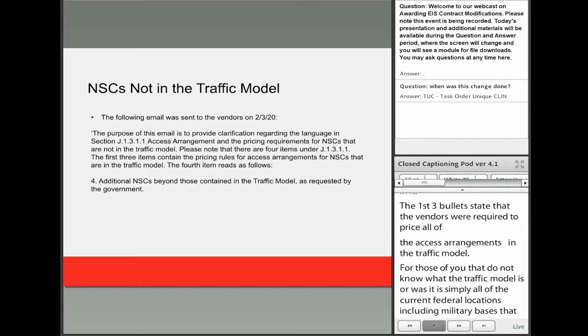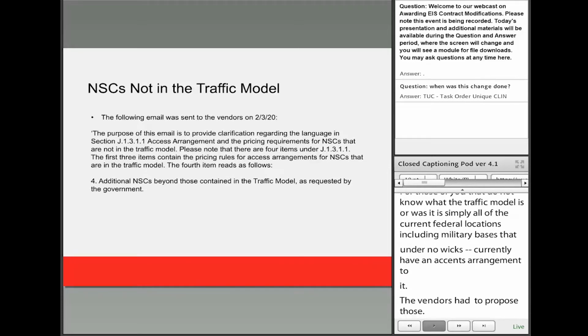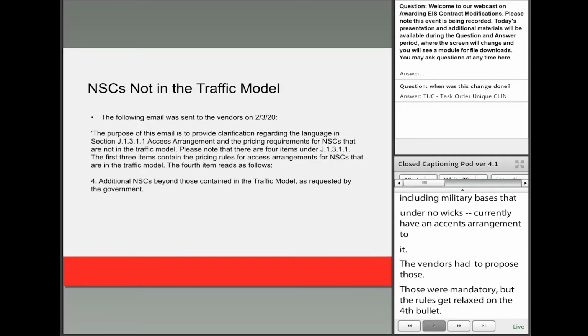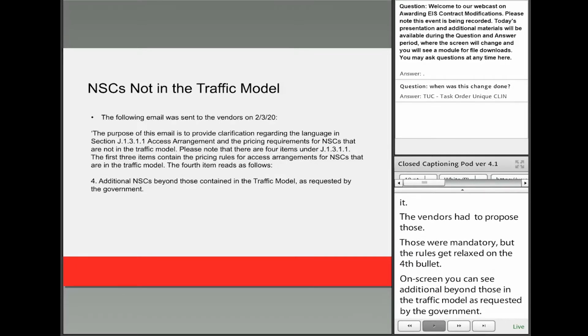The vendors had to propose those. Those were mandatory. But the rules get relaxed on the 4th bullet, and on screen you can see additional NSCs beyond those contained in the traffic model as requested by the government. So if it was being priced as part of the original contract award or in response to the RFP, they had to propose all the access arrangement types.